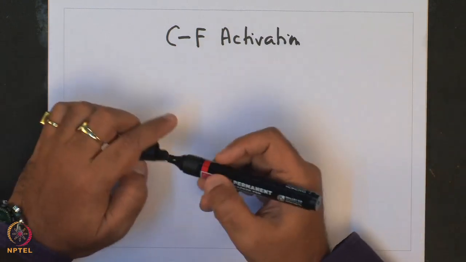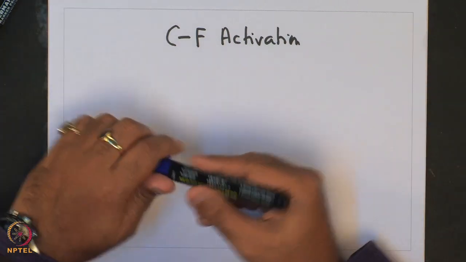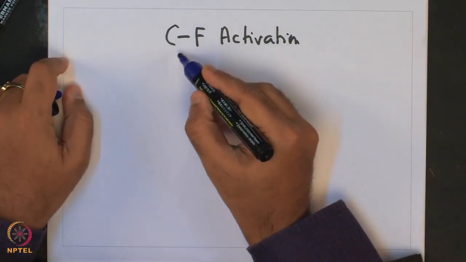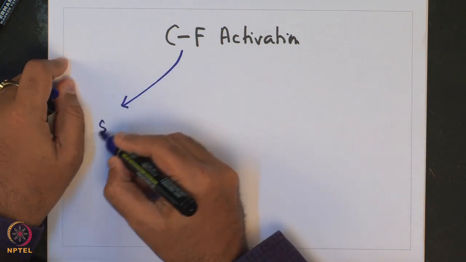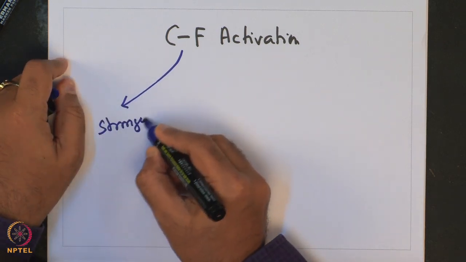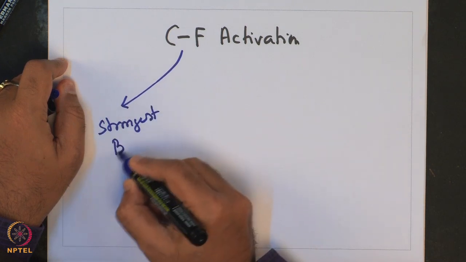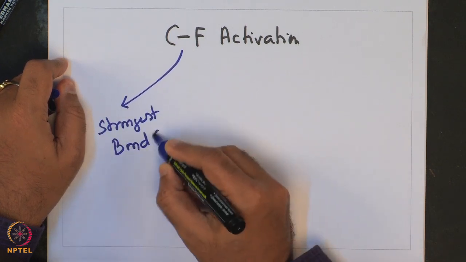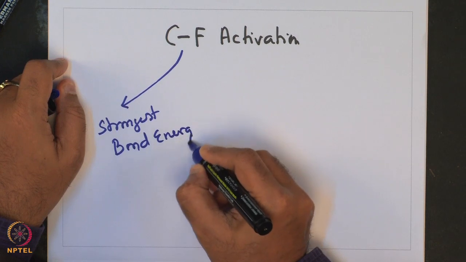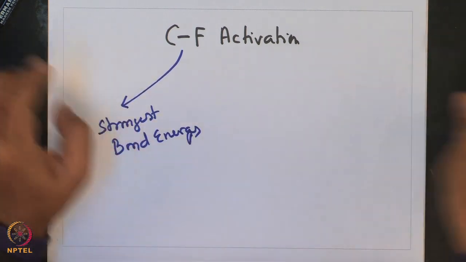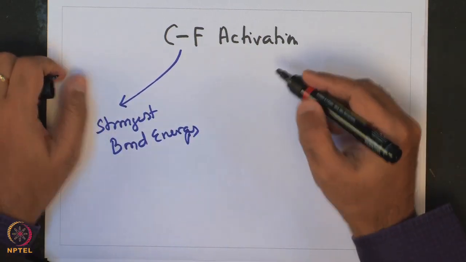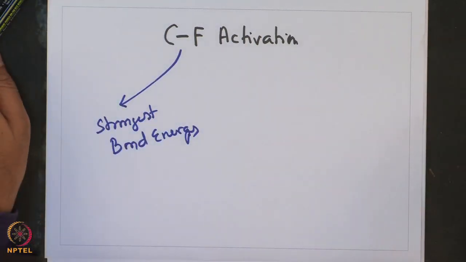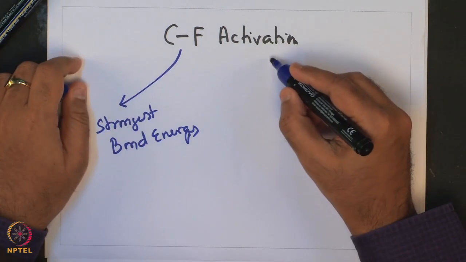Now, carbon fluorine bond being among the strongest, this CF activation is the most challenging of all activation that we have encountered so far.